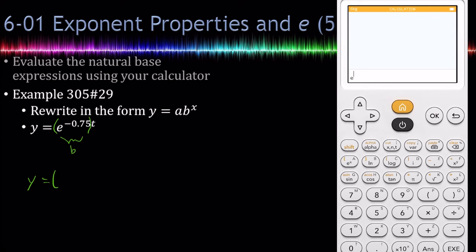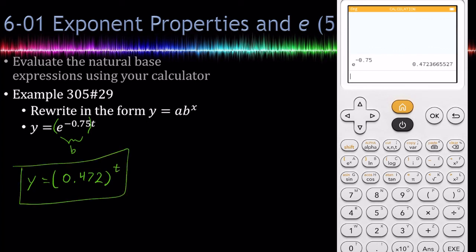And notice it automatically jumps to an exponent. Negative 0.75. Enter. And it says it is 0.472. So that's b, and then the t is still an exponent. All I did is take that part, put it in the calculator, and turn it into the base.